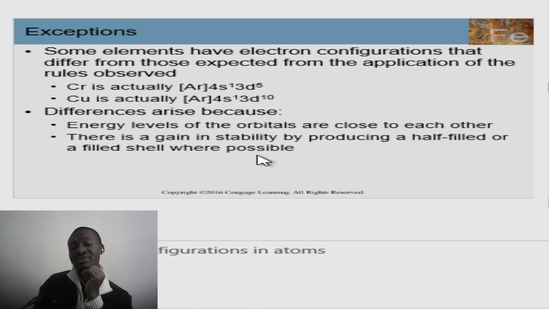So the exceptions to the whole numbering or placing of electrons according to the successive order are chromium and copper. Chromium and copper, because these either have half full or almost full. In that case, it tends to acquire some form of stability by shifting one of the s orbital electrons to the d.